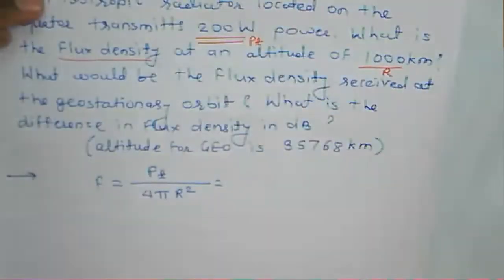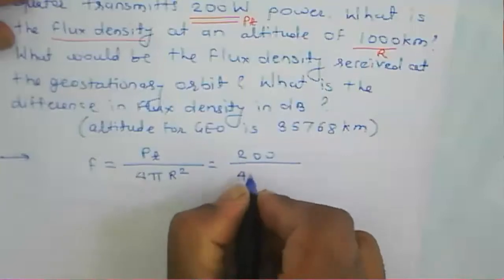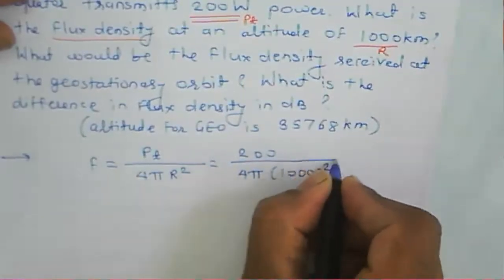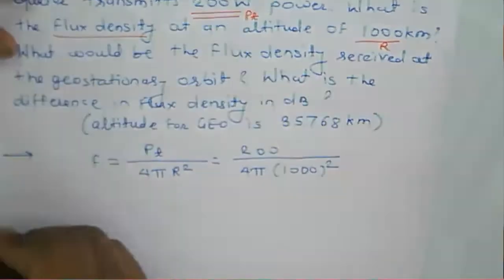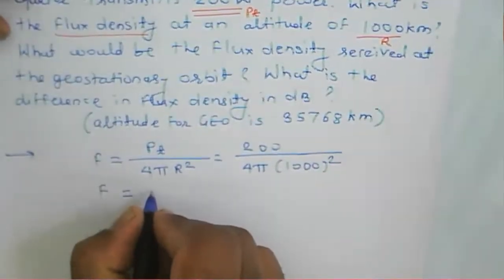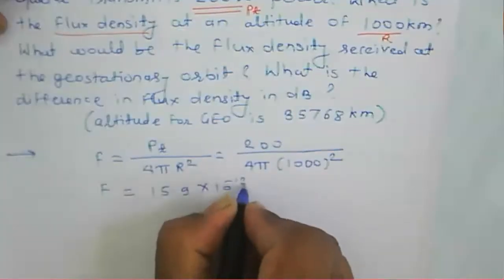So power flux density F is equal to 200 divided by 4 pi into 1000 square. If you solve it, you'll get F is equal to 15.9 into 10 to the power minus 12.